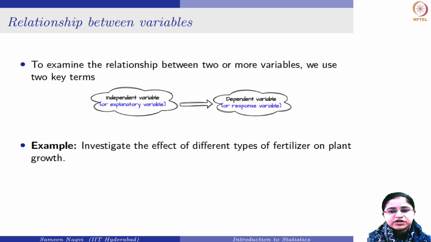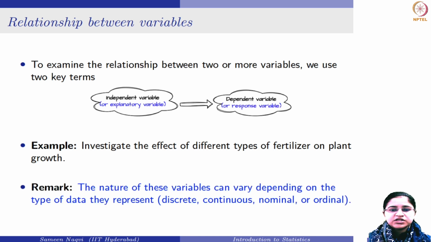So types of fertilizers over here is your independent variable because that is under your control. Whereas the plant growth is your dependent variable because here you measure how tall the plant has grown based on the different types of fertilizers you have added. So here you can see that types of fertilizers is your independent variable and your plant growth is basically your dependent variable or your response variable.